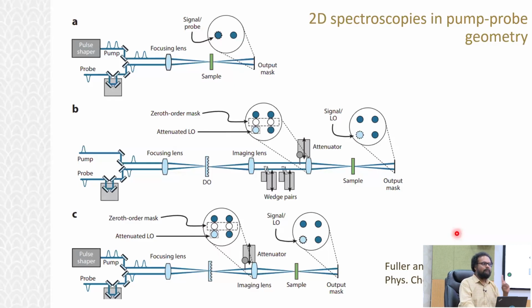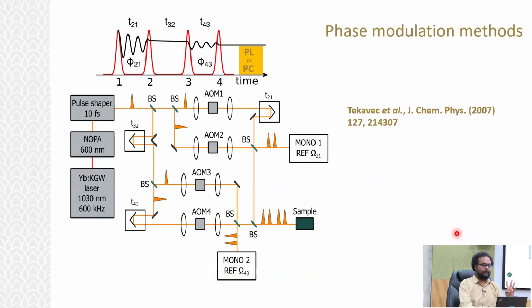I want to end with one more technique, a 2D spectroscopy technique, because here in this technique, we use 4 collinear pulses and go into the sample and still are able to explore and identify 2D nonlinear response, separate out rephasing and non-rephasing. And these are based on phase modulation method, originally proposed by Andy Marcus group in Oregon.